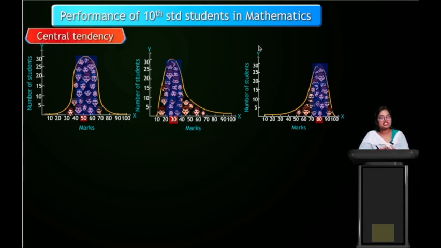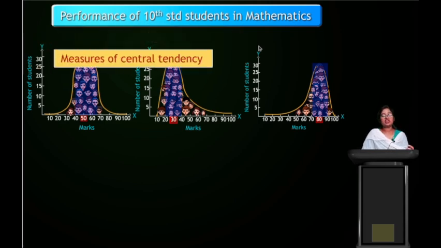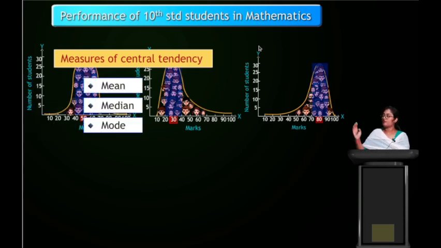Central tendency is a way of representing a large amount of data by using a single value. For this we have three measures: the mean, the median, and the mode. We can use any one of these to measure the central tendency.